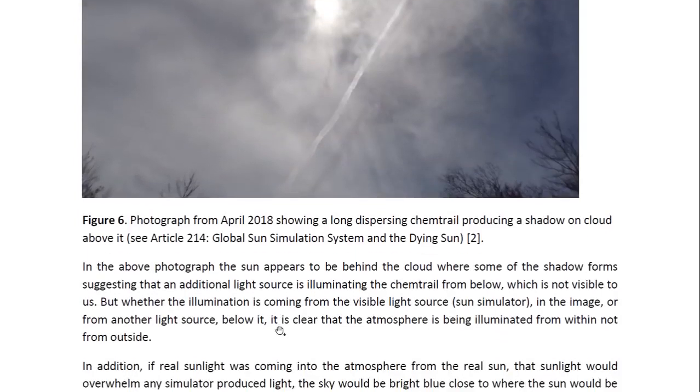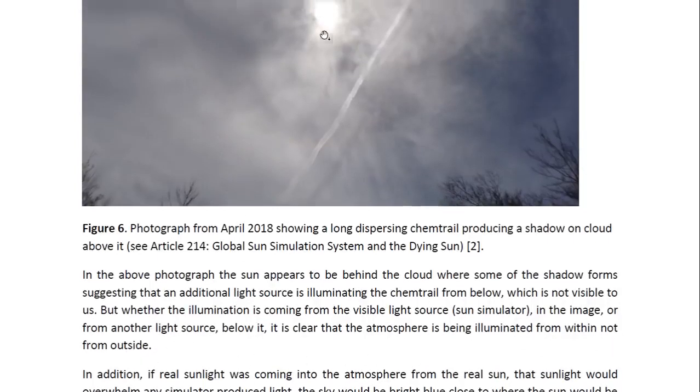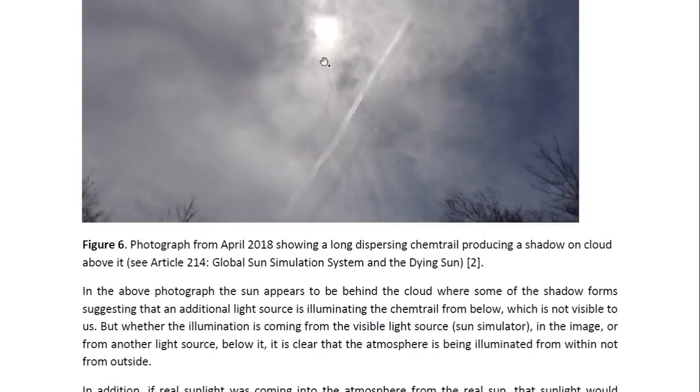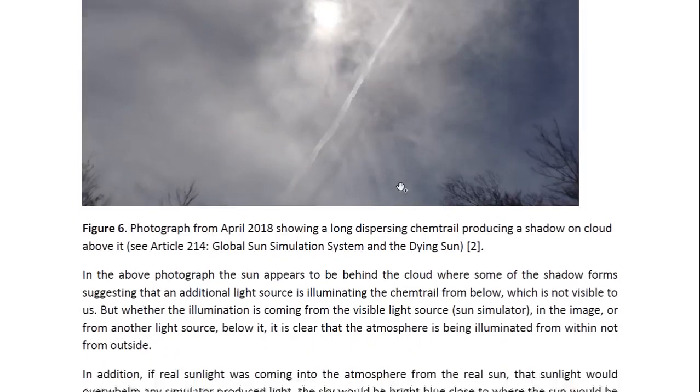So it's clear that the atmosphere is being illuminated from within, not from outside. Whether it is by the source or by another one, the only way you can produce shadows like this is if the atmosphere is being illuminated from below or from within.